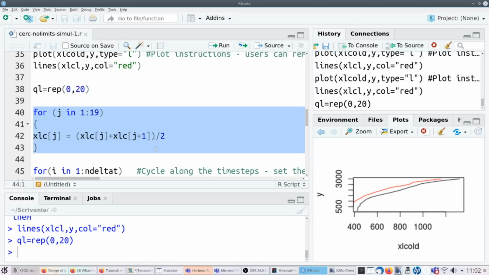So by substituting each coastline position with the average between two subsequent points, I am now referring to a spatial scale of 300 meters.